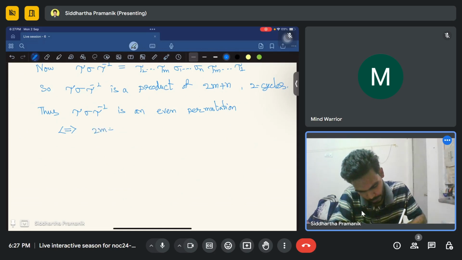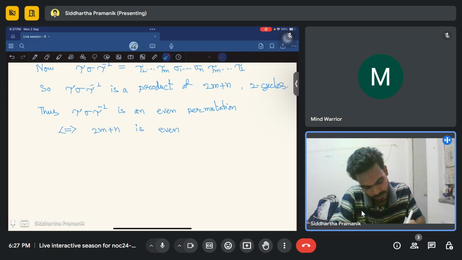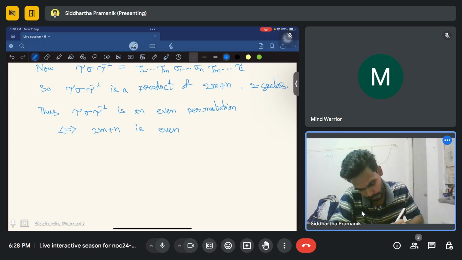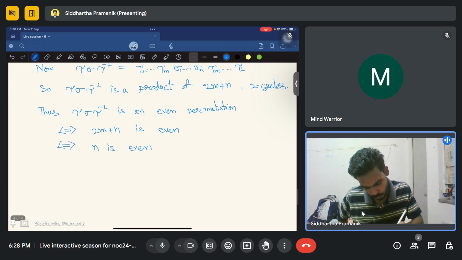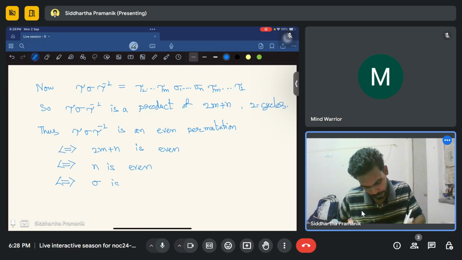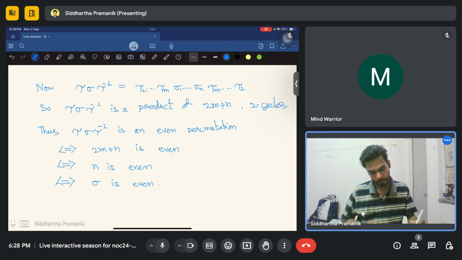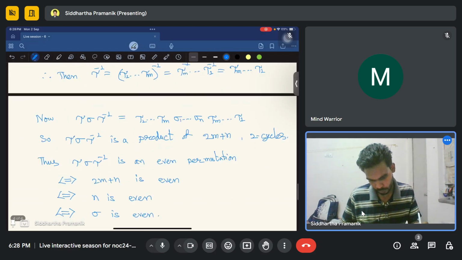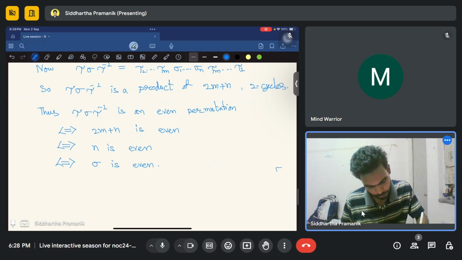Now 2m is always even, so it depends on n only. So if and only if n is even, and that is true if and only if sigma is even. So this proof is also complete.